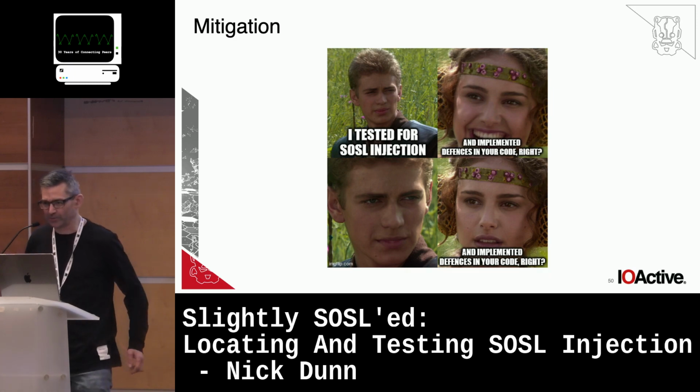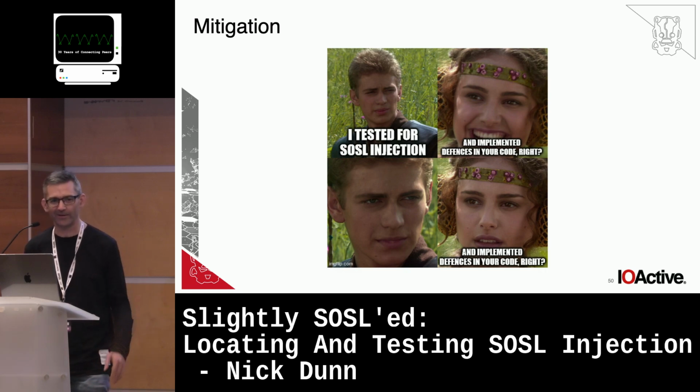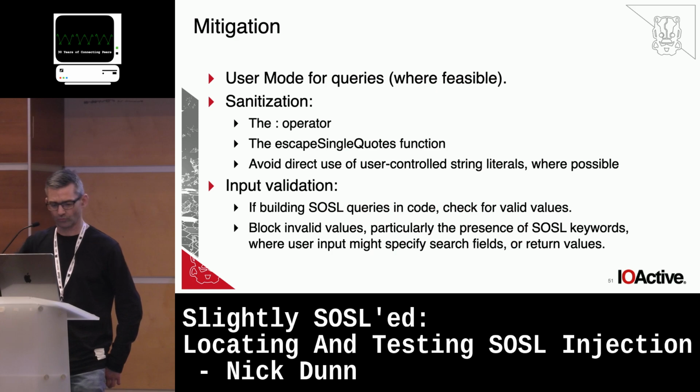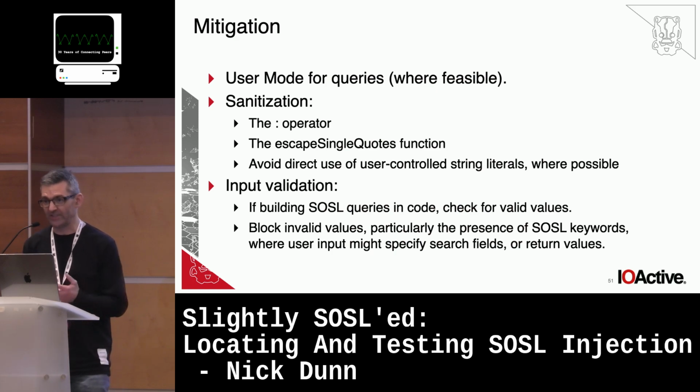Now, since we know there's blue team people in the room, and for offensive people, our job is to give recommendations after we've broken this stuff, there are mitigations that you can have around the sort of things I've been showing. Queries can be executed in user mode, which you can do.